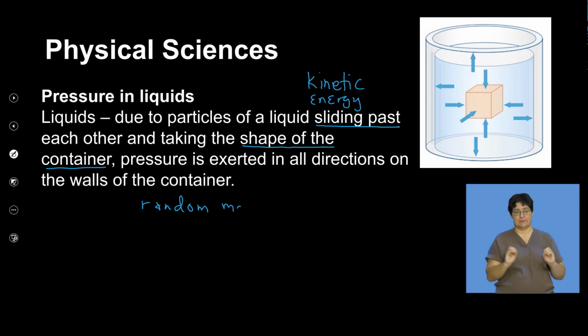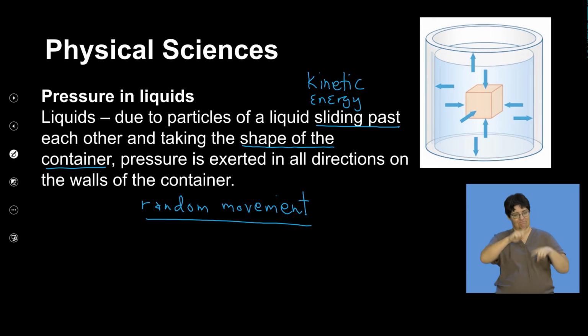So the random movement of particles results in the pressure of a liquid in all directions. As you can see in the illustration, the pressure on this block inside a liquid is from all the possible directions, because as these particles slide past each other, that movement is random.